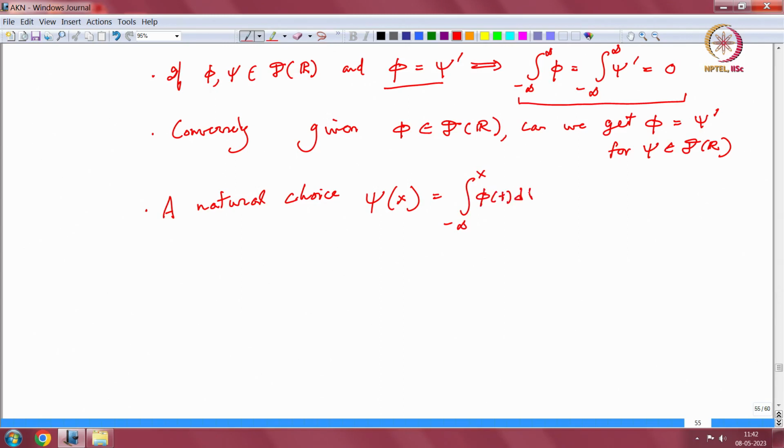Since phi has compact support, psi is C infinity, but it will not have compact support in general.